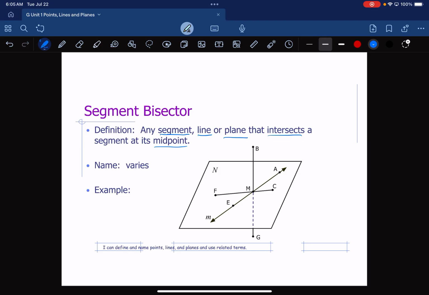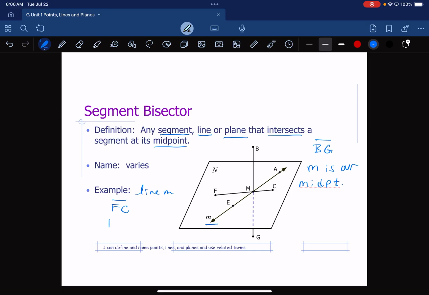So let's look at, we're focusing on segment BG. Well, it has been cut in half by line M because it passes through the middle, or the midpoint. So M is our midpoint in this example. Line M goes through capital M. Segment FC goes through capital M. So line M, FC is a bisector.